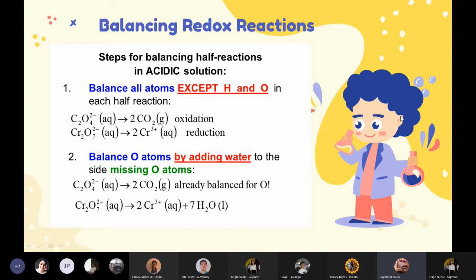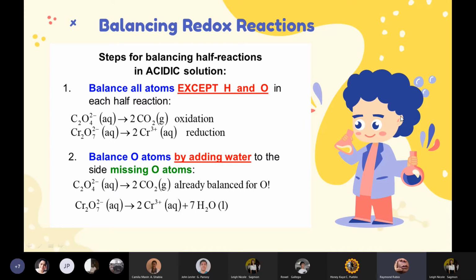Then ang reduction reaction is Cr2O7 with a charge of -2. Ang product kay 2Cr with a +3 charge. Pasensya if saba kayo. So, i-balance na to ang oxygen atoms by adding H2O.